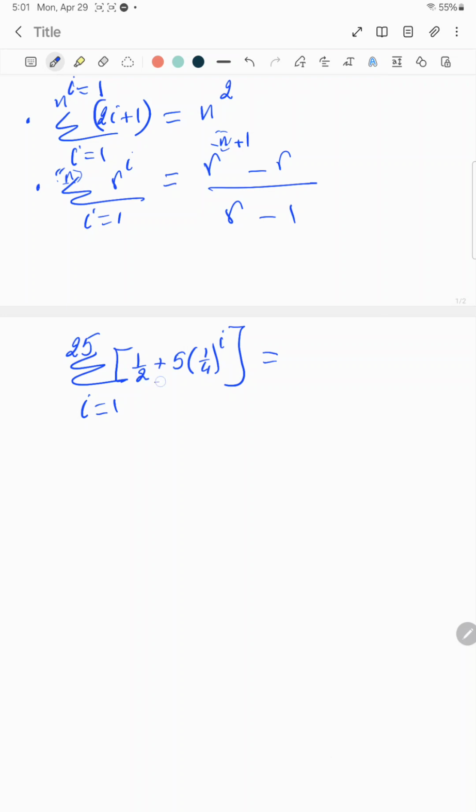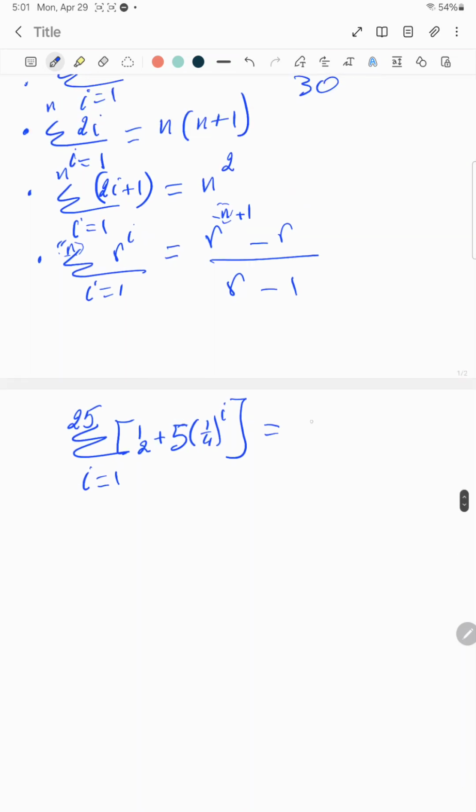And because I have a plus, if I have a plus or minus here, I can divide my sum into two different sums. If I have a multiplication or a division here, I cannot do that. So only if I have plus or minus, I am able to divide my sum into two different sums. Okay, I'm going to rewrite it. It was plus 5 times 1 over 4.